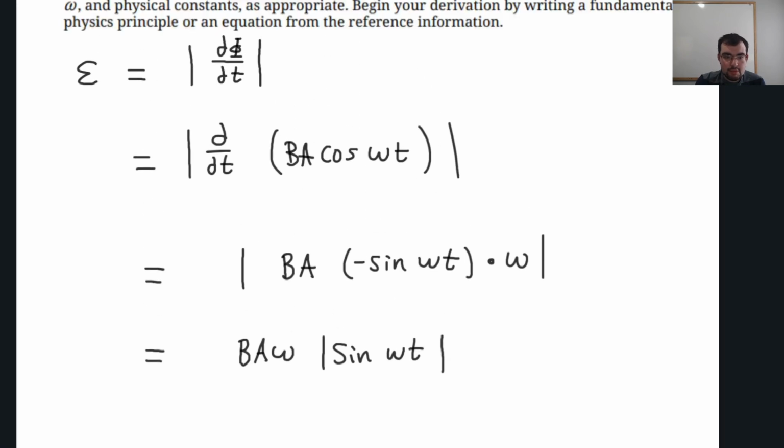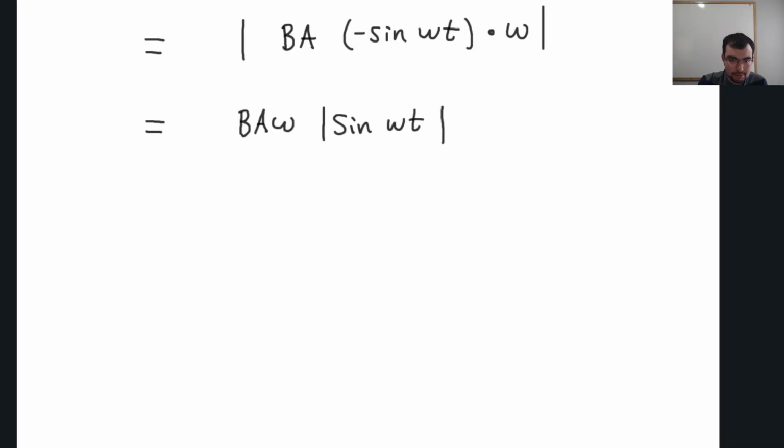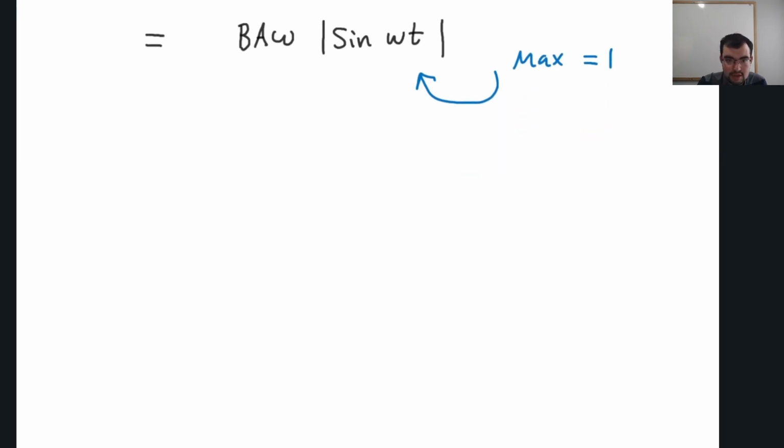So that would be the induced EMF, but we're actually interested in the maximum. So we know that sine omega t is trapped between 0 and 1. So when this is maximized, this is its max value of 1. So this means that the maximum induced EMF is just going to be BA omega.